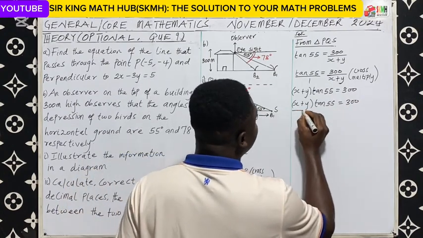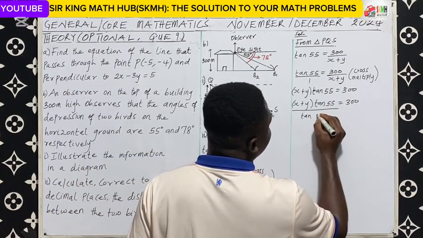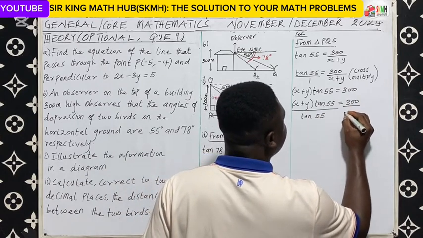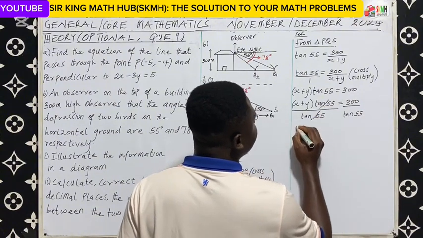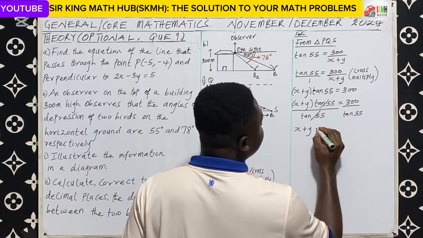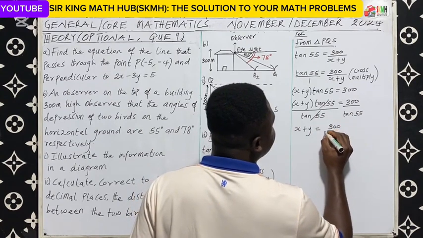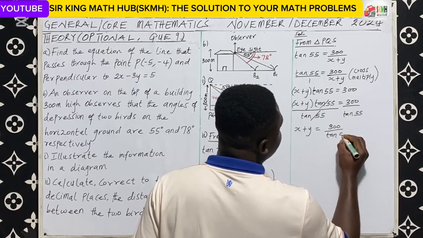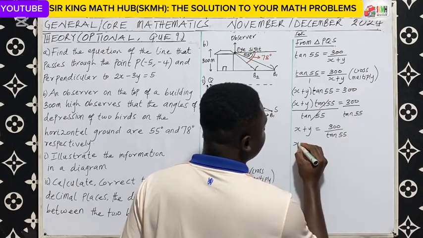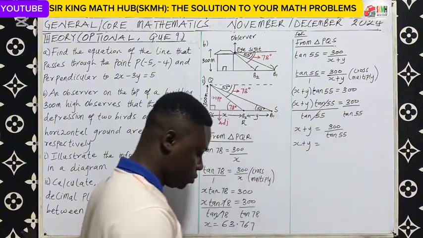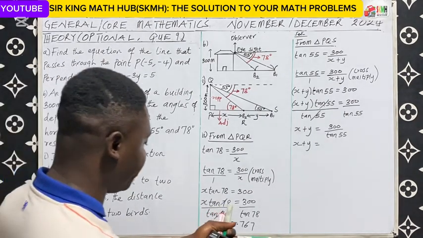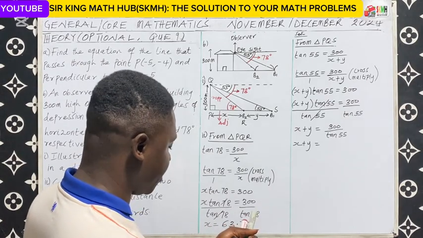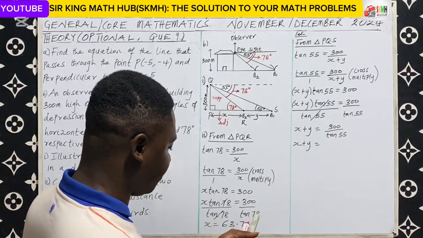So we can divide both sides by tan 55. So tan 55 will cancel out, leaving x plus y is equal to 300 divided by tan 55. So x plus y is equal to, so what is 300 divided by tan 55?